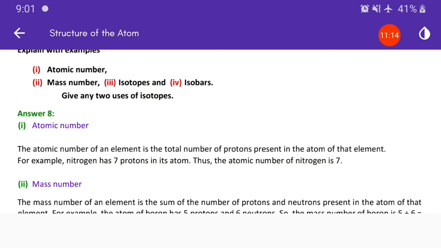Nitrogen has 7 protons in its atom, thus the atomic number of nitrogen is 7. Oxygen has 8 protons, so the atomic number of oxygen is 8.